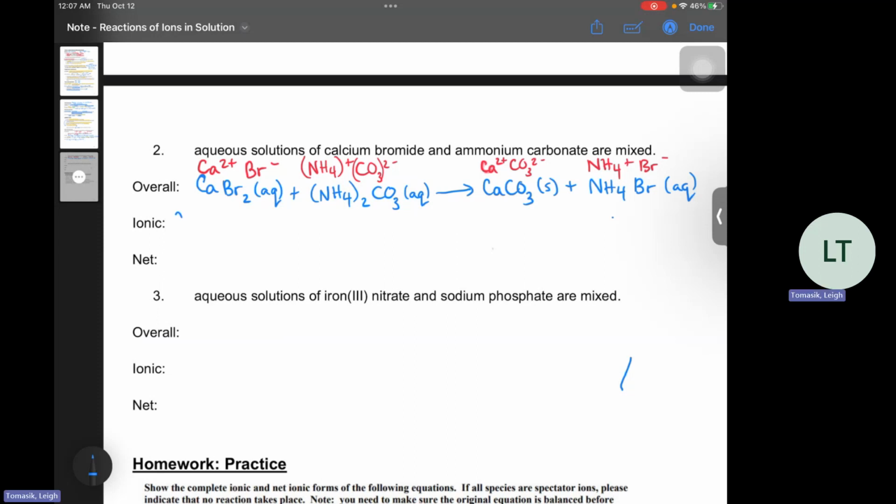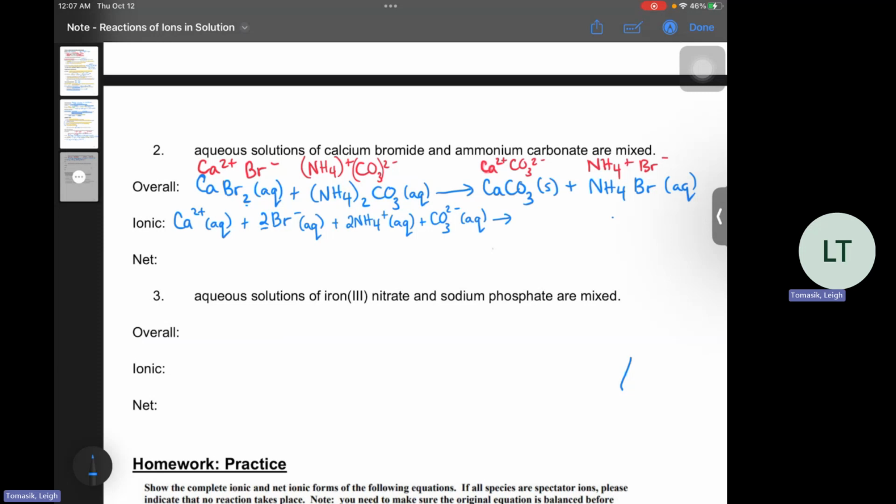To begin with, Ca2 plus, aqueous, plus 2 Br, so this subscript becomes a coefficient, 2 Br minus, aqueous, plus 2 NH4 plus, which are aqueous, plus CO3 2 minus, which is aqueous, arrow.